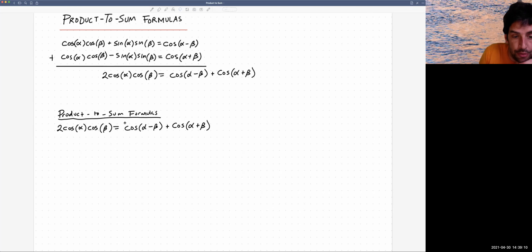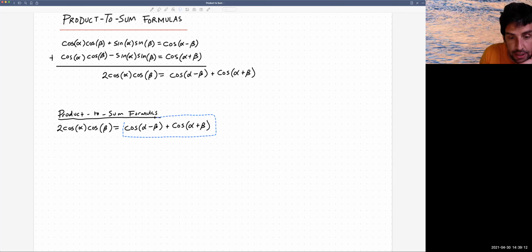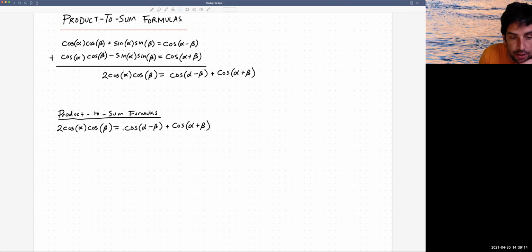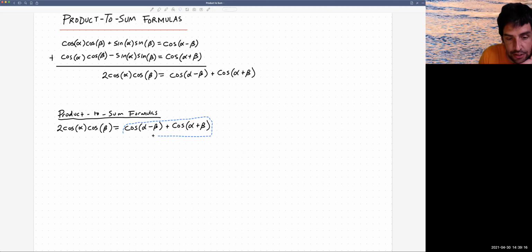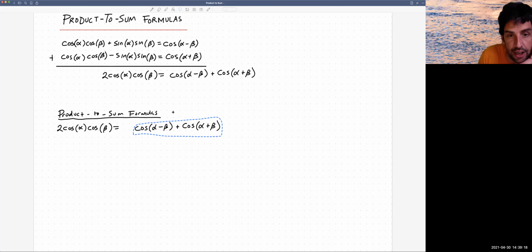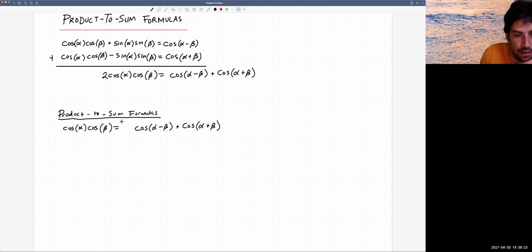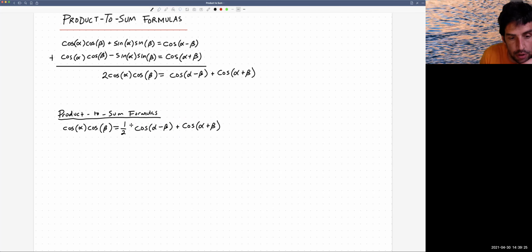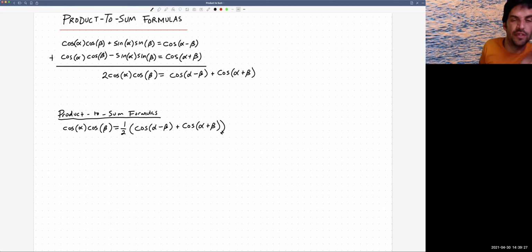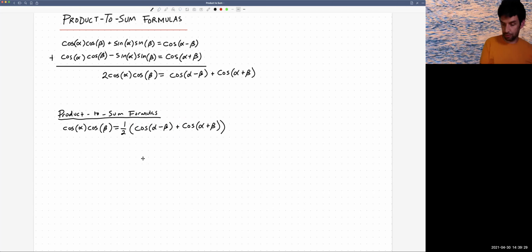we also usually do one other thing before we write these down. We just divide that 2 to the other side. So it's more typically written as 1/2 times all of this, by just multiplying 1/2 by both sides.